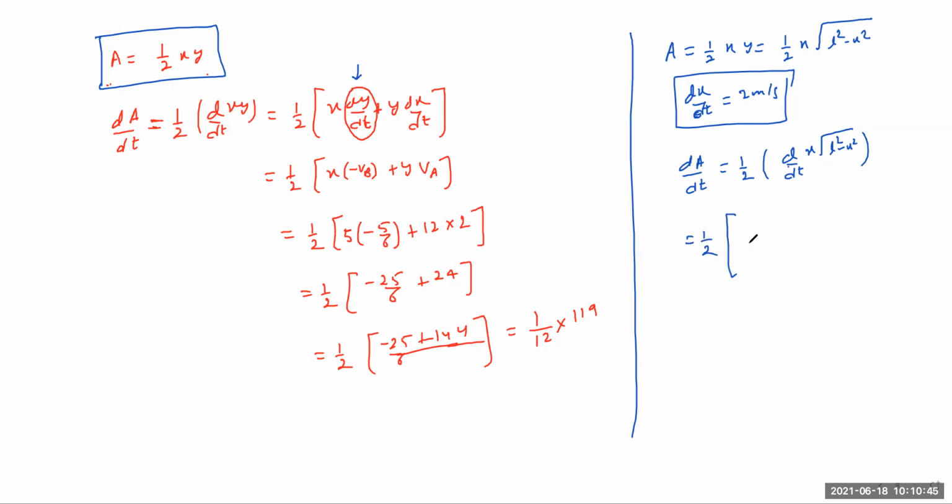So take x outside and differentiate the second part. In the first case this is known to us, so we leave it, but this we have to differentiate with x.